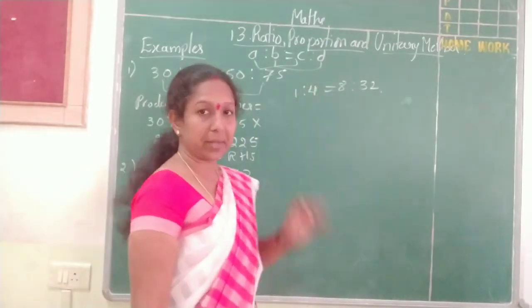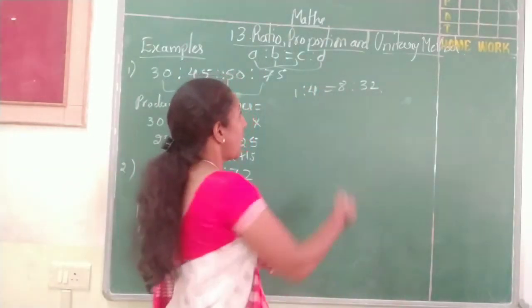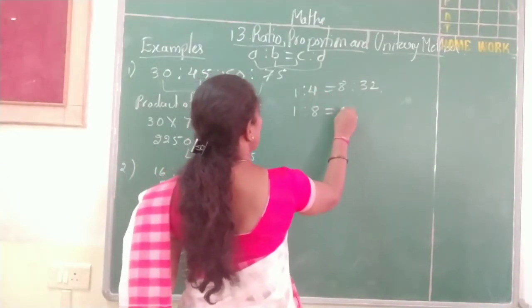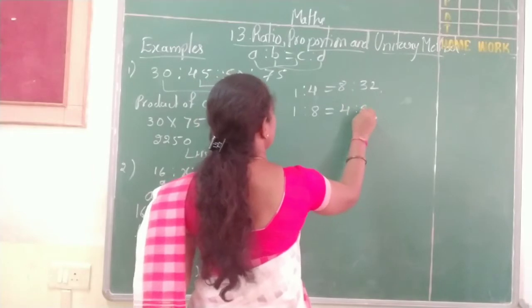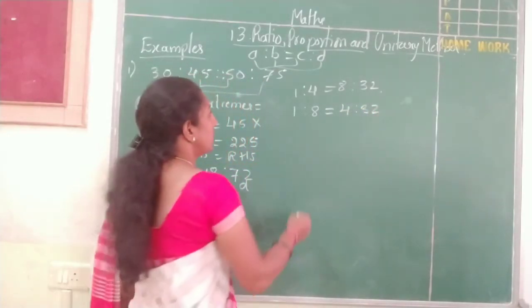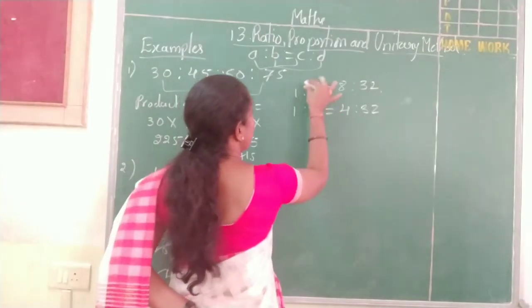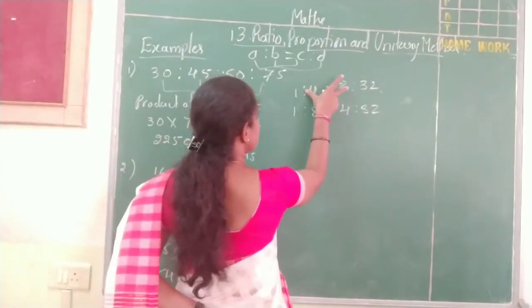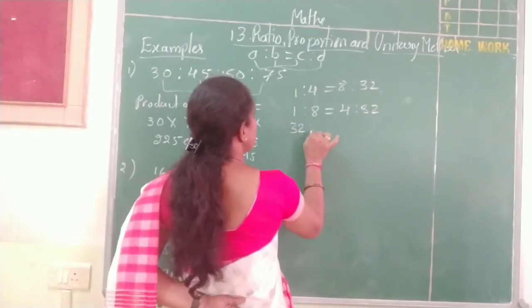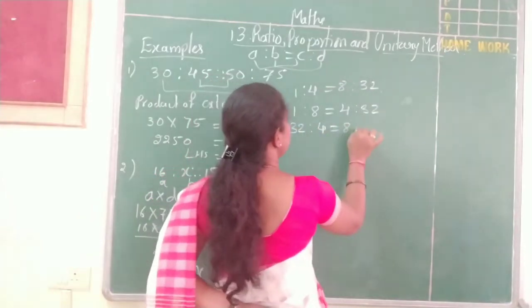How? This is the first one. Next, I will just interchange the middle ones: 1 is to 8 is equal to 4 is to 32. Okay? This is another one. Next, I will keep the first like this only and interchange these two: 32 is to 4 is equal to 8 is to 1.